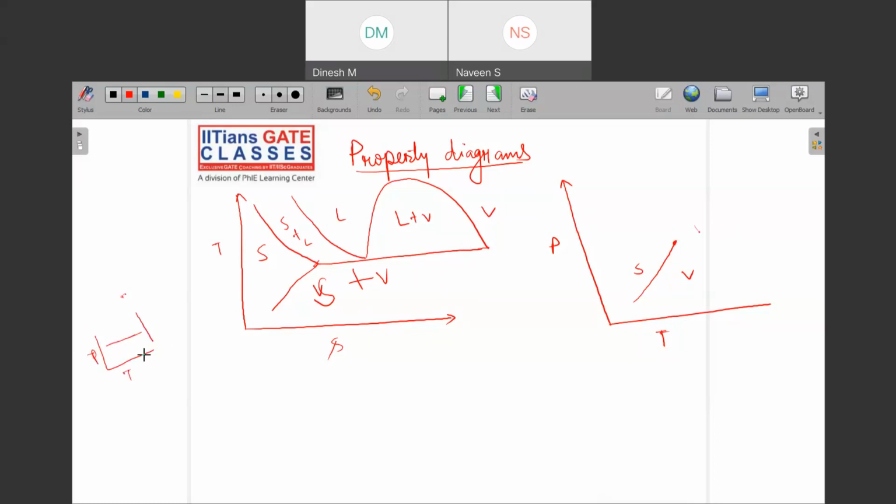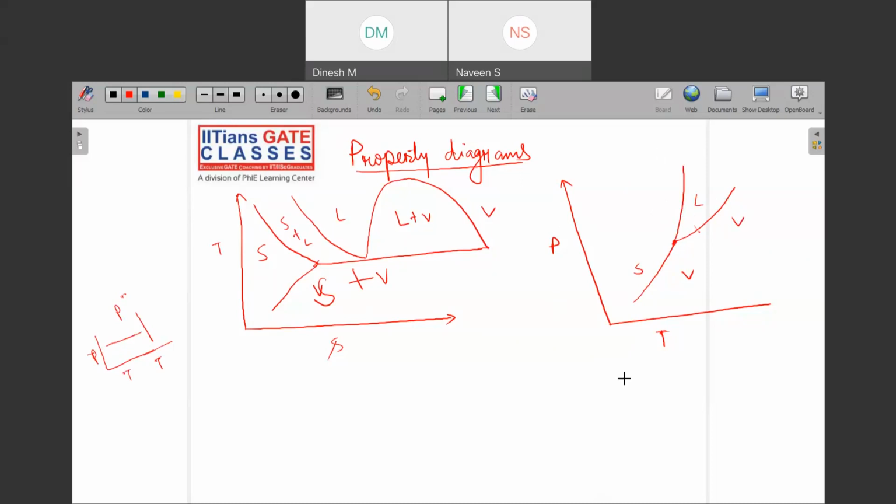If I draw vertical line, that means temperature is constant, pressure is varying, right? So it is not possible for any line to happen like this. That means that this will be a point only. And then we will be having one liquid region and one vapor region. Here your phase changes are absent.